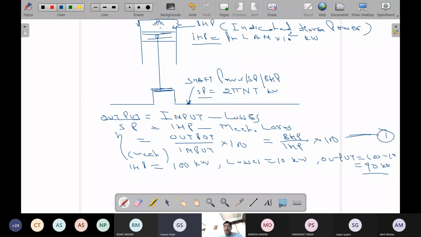So what is BHP? BHP is the power here minus losses. So that is what I am explaining to you. If my power developed here is 100 kilowatt, out of it 10 kilowatt are my losses by way of heat energy going to the exhaust and friction losses. What I am getting out of this is only 90 at the shaft. This 90 is BHP.